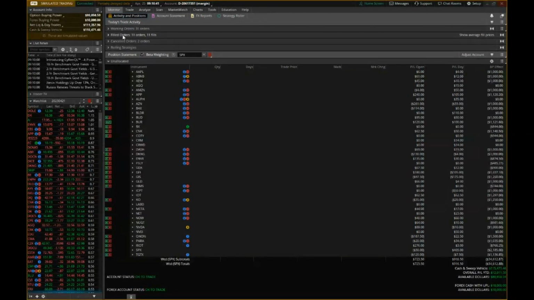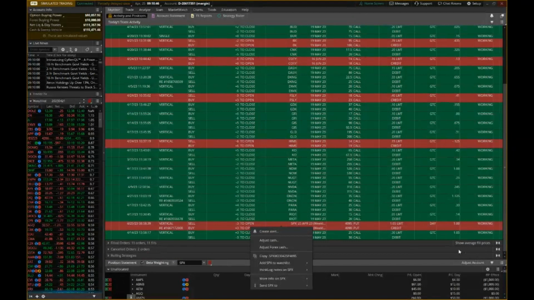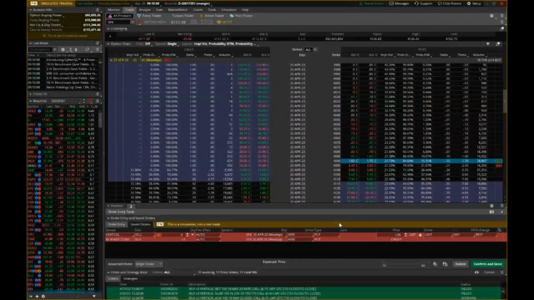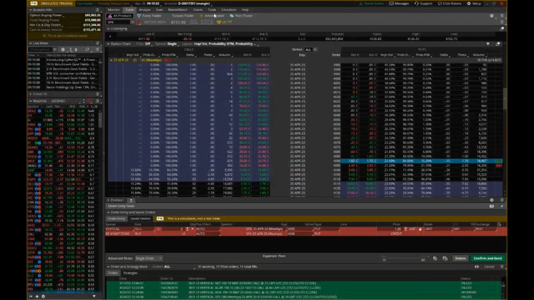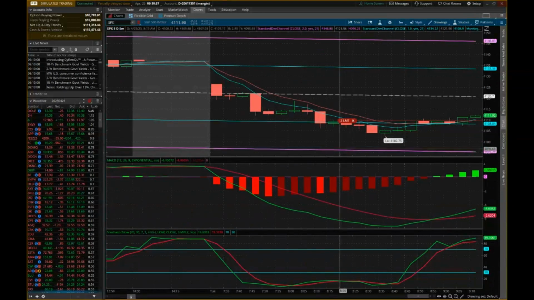Just go to the monitor tab, working orders, scroll down. So it's saying it's at $1. It's now down to 80 cents, which makes sense because it's rallying.